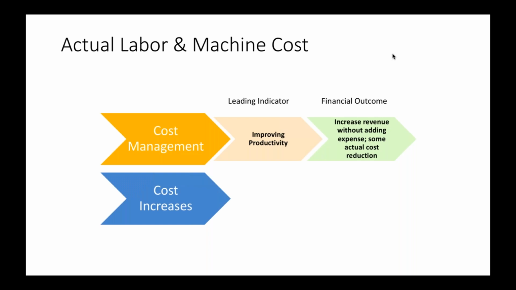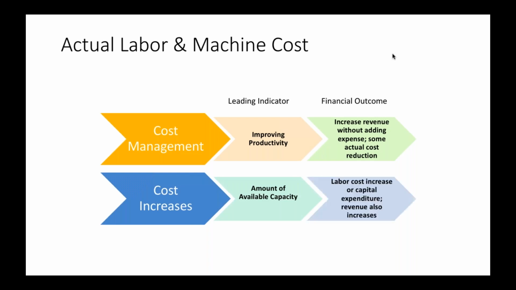And finally, when the costs of these resources have to increase, that is a function of running out of capacity. So if you don't have enough capacity, you have to add more resources. If you hire more people or you buy more machines, your labor cost will increase. If you're buying more machines, that's a capital expenditure, and your depreciation may change.